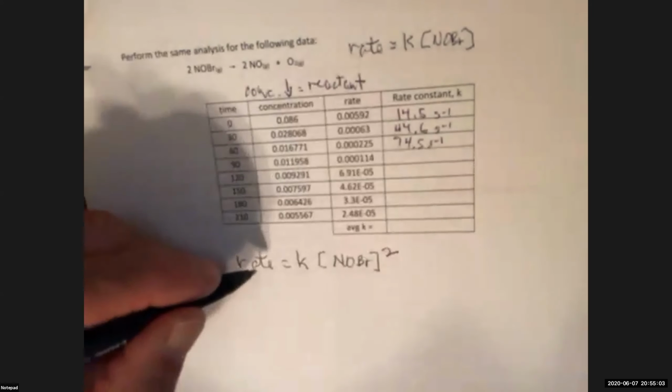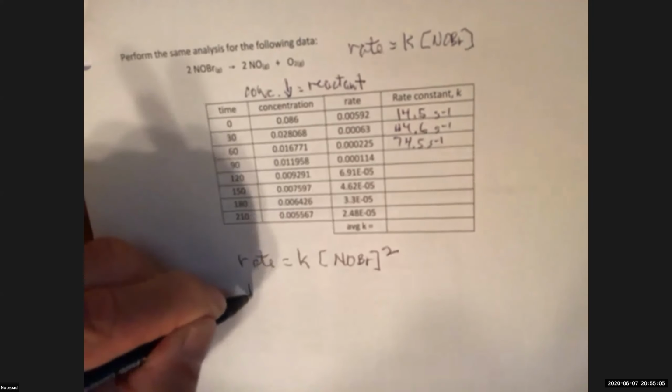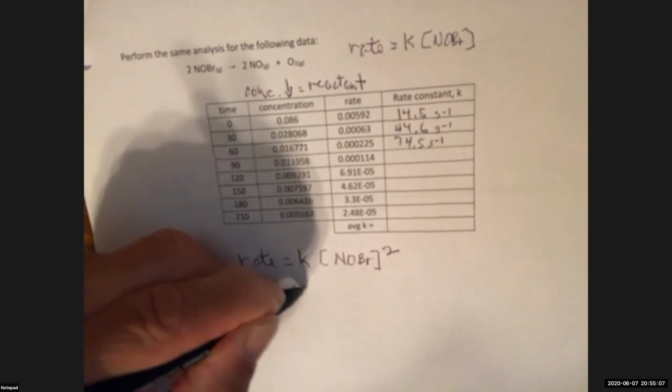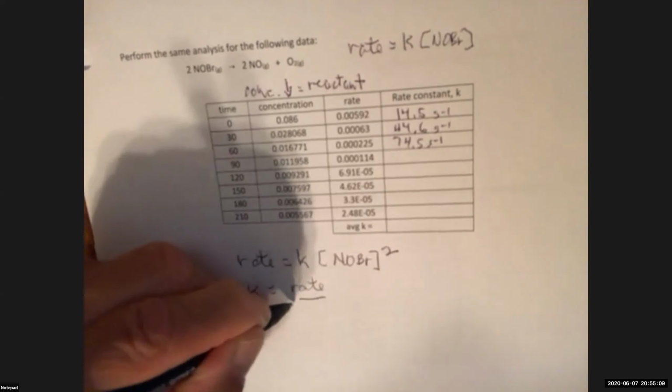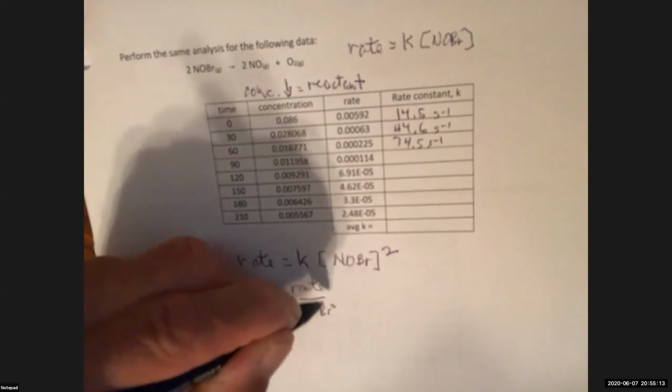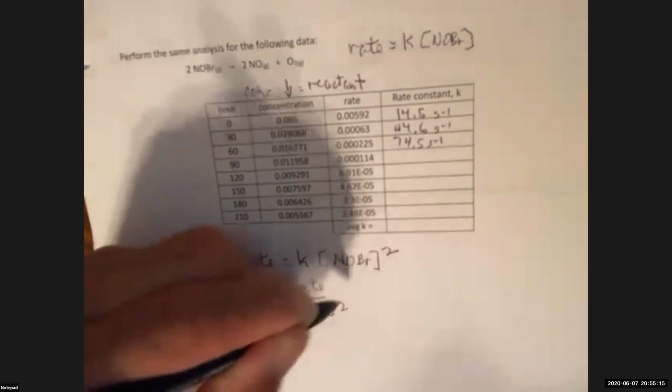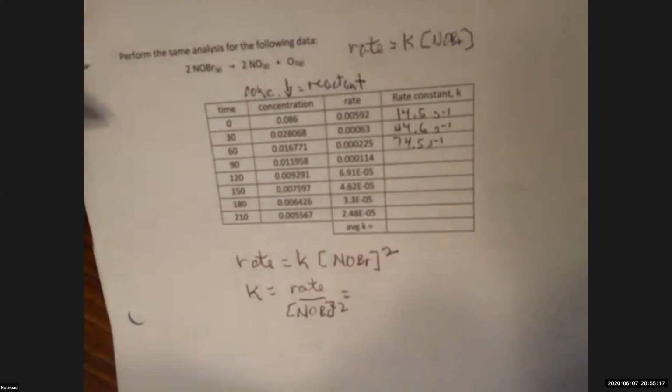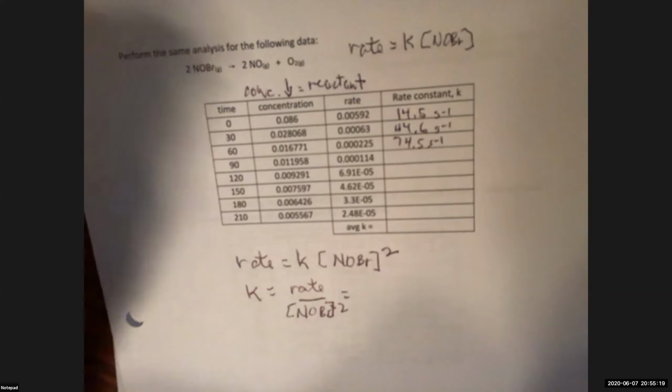So that means our rate constant is going to equal the rate divided by NOBr squared. So let's do the first one. I'm going to make a new column here.